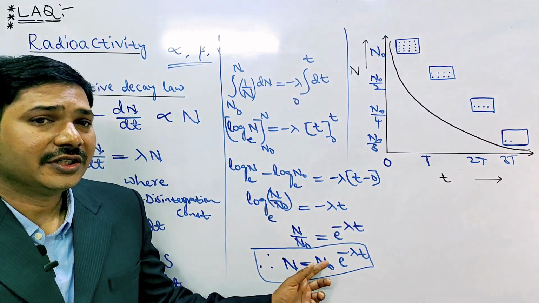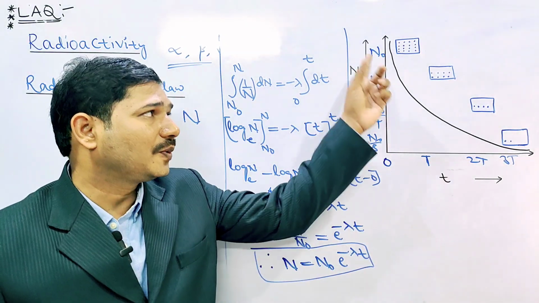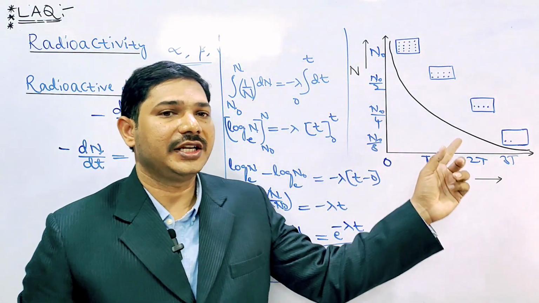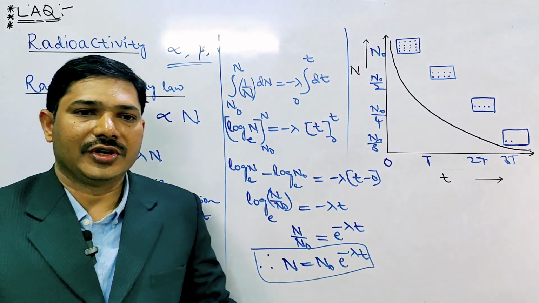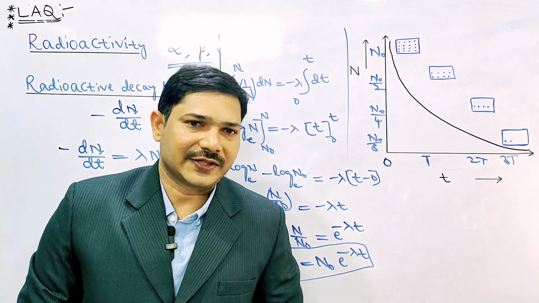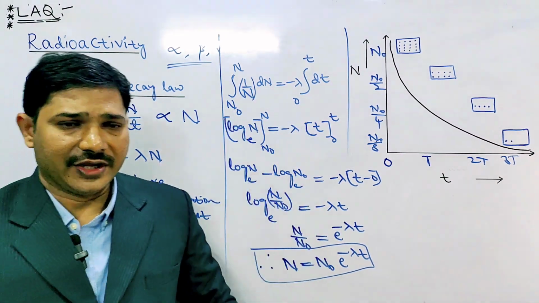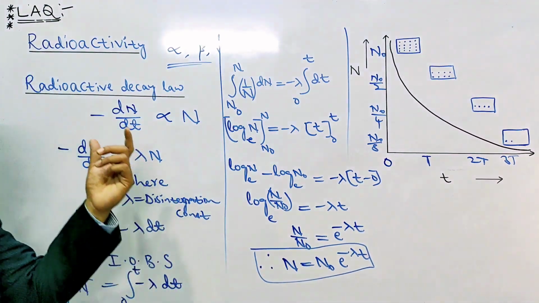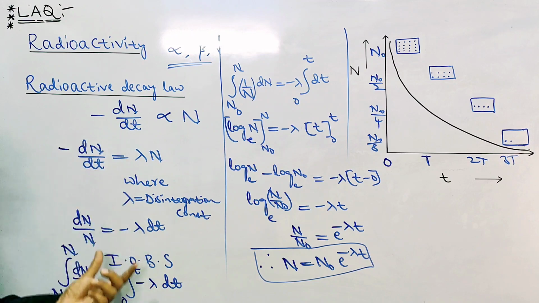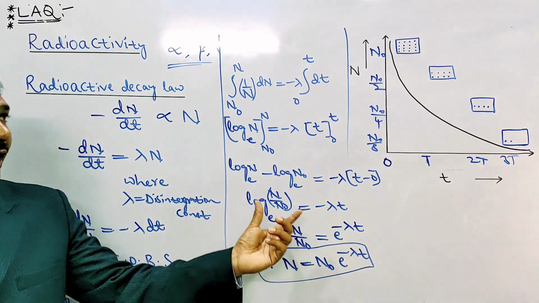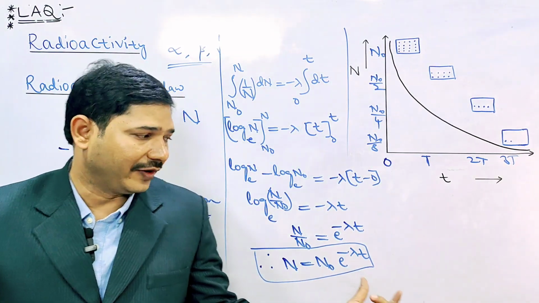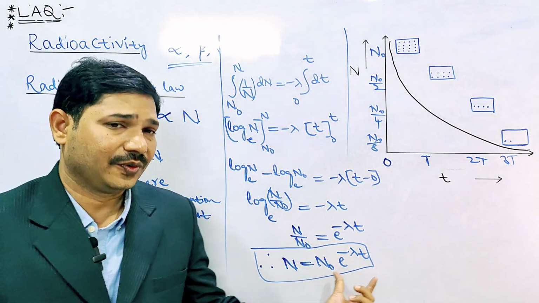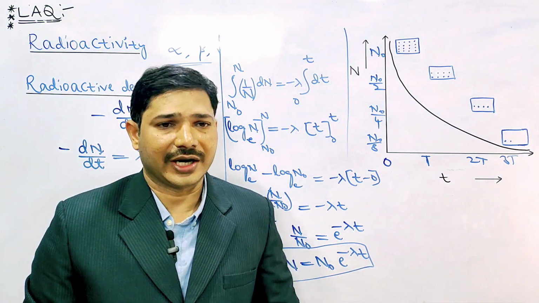The number of nuclei is exponentially decreasing, since the exponential power is negative. If they ask this as a long-answer problem, first write the radioactivity definition, then the radioactive decay law statement, then the explanation with simple steps, and draw the diagram. Finally, write one sentence: therefore the radioactive decay law is exponentially decreasing in nature.